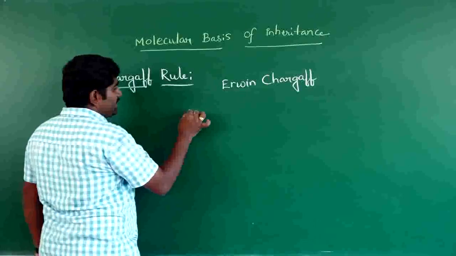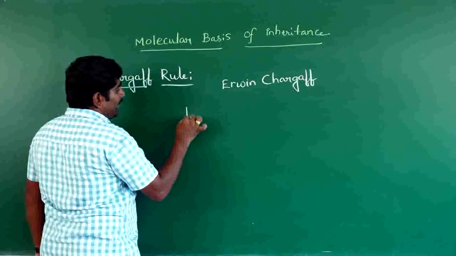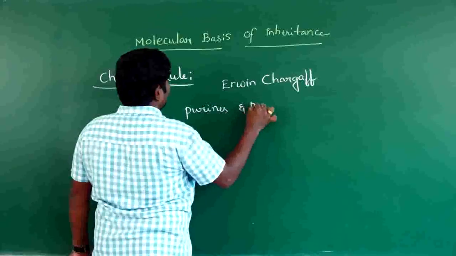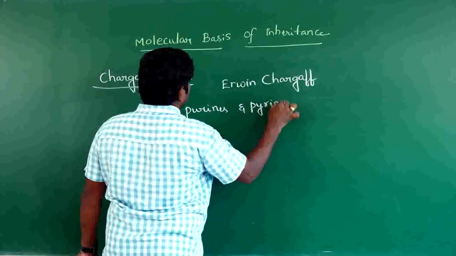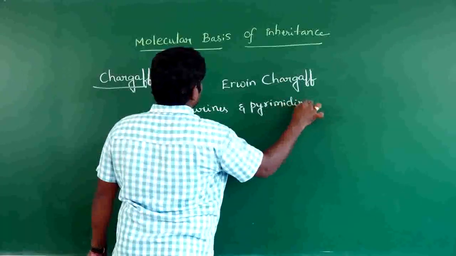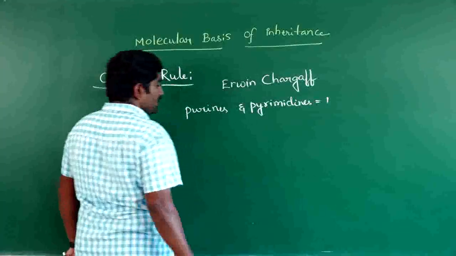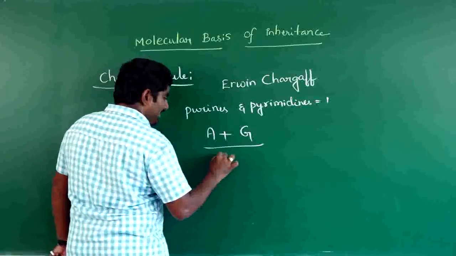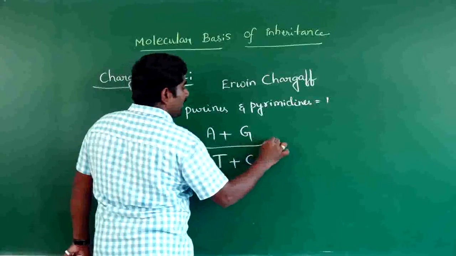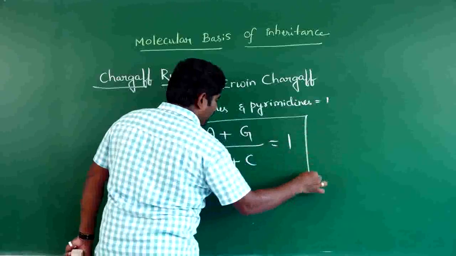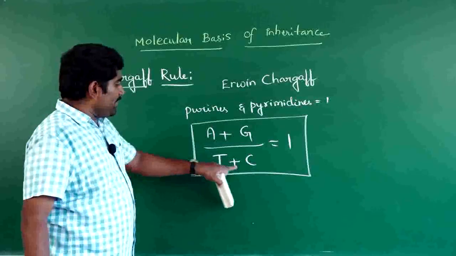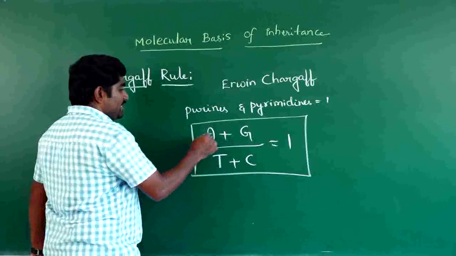Chargaff's rule says the ratio of purines and pyrimidines is equal to 1. So A plus G, the purines, over T plus C, the pyrimidines, equals 1. Adenine plus guanine divided by thymine plus cytosine equals 1.